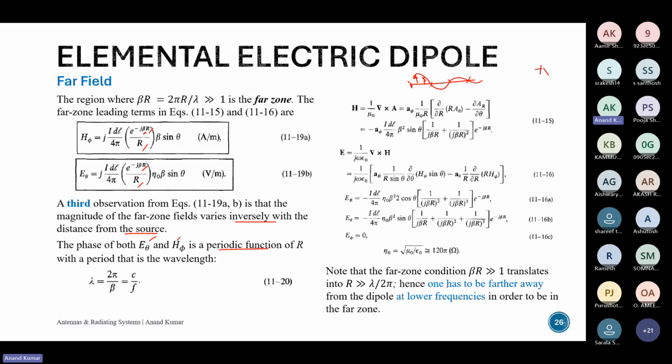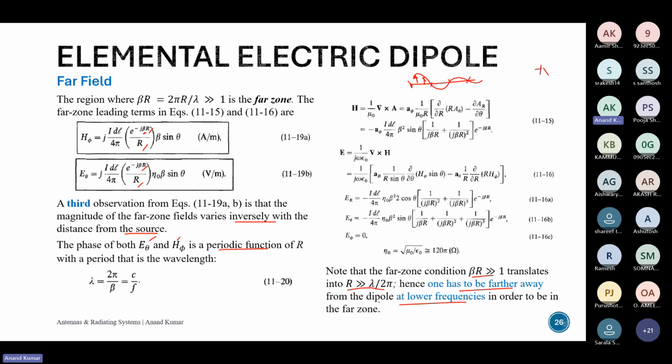Note that the far zone condition, beta r much greater than 1, translates to r greater than lambda upon 2 pi, hence one has to be farther away from the dipole at lower frequencies.